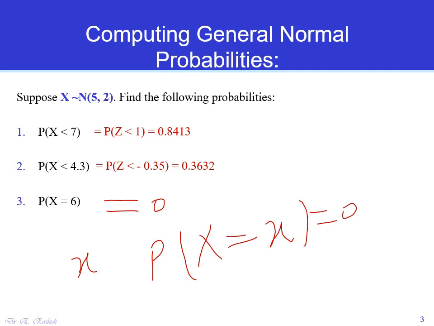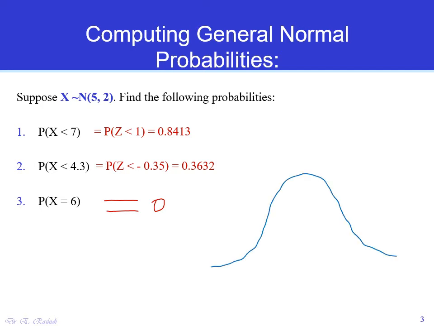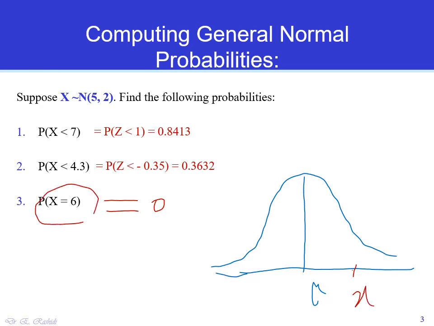Why is that? Well, I'm going to tell you how it is in terms of normal distribution. If you look at the probability distribution function, this is mu here, for example. Suppose that this is x that you want to find the probability for. So the probability that x is equal to 6, suppose this is 6 here, is equivalent to a rectangle with an area of 0.